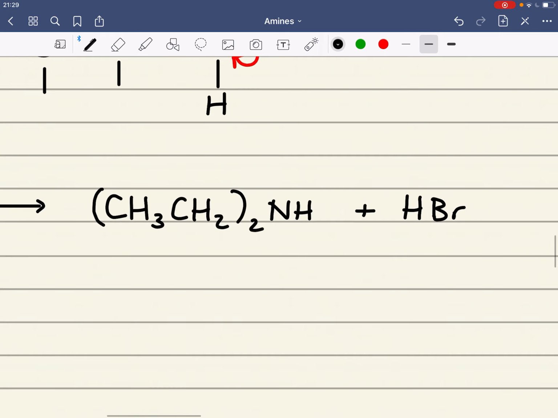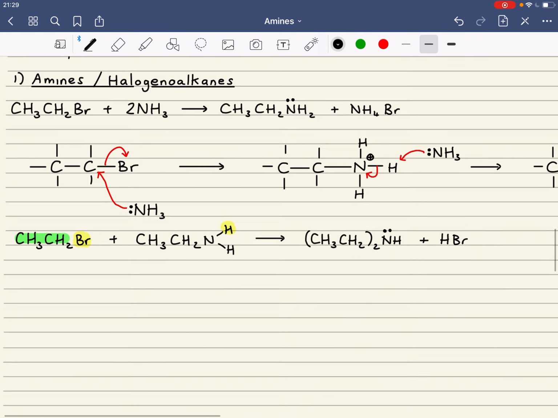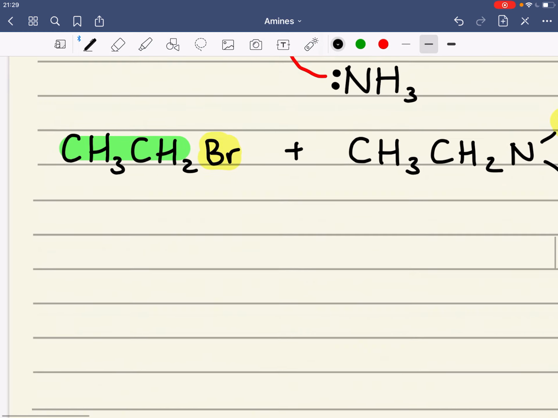The diethylamine also has a lone pair, and if there is any unreacted bromoethane around, this lone pair here can be used to form a bond again with this delta positive carbon, and we get the following reaction.